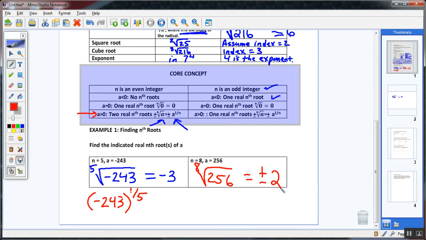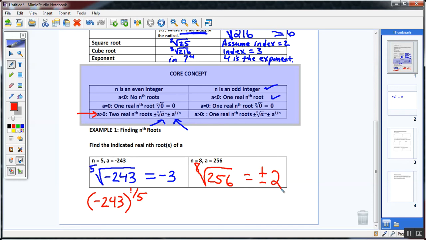Yes, this is the case that we end up with, plus or minus 2.